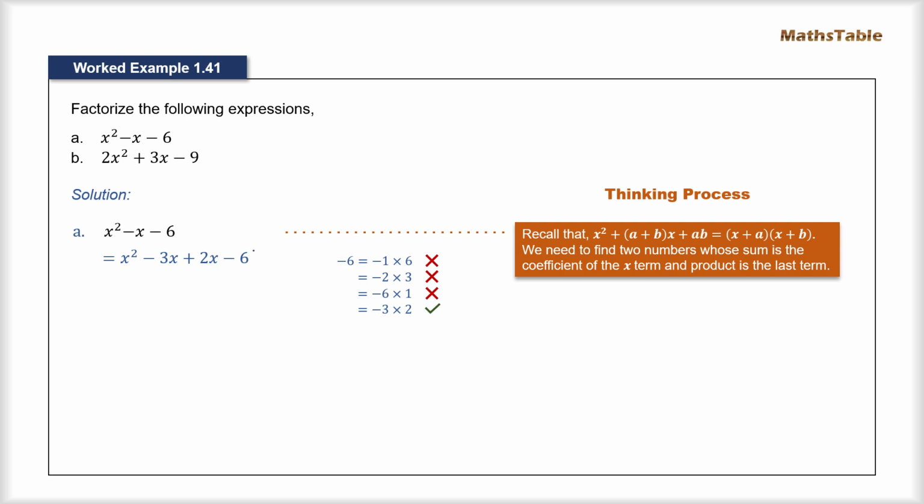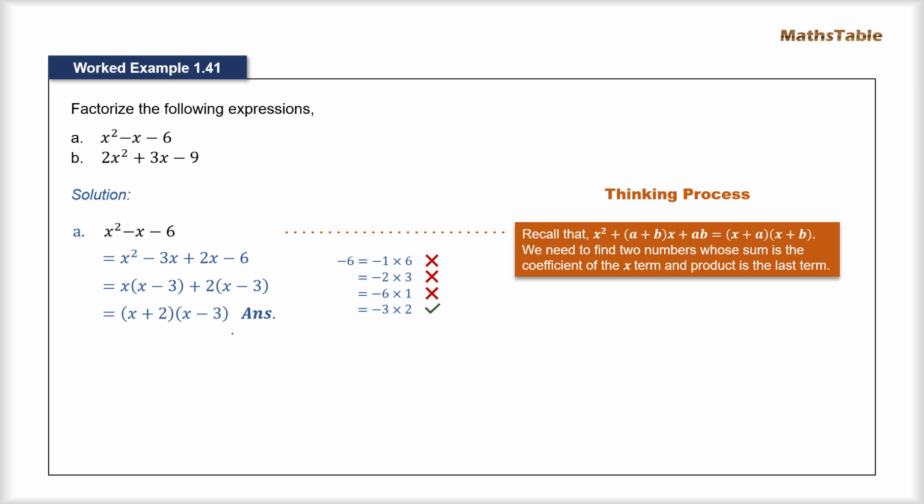After that, we'll apply the same grouping method of factorization which we discussed in the previous video 1.3, in which we formed groups of the first and second terms and the third and last terms. Then we selected the highest common factor of each of these two groups separately. And we also discussed that when we obtain this form, it can be written in a much simplified way as x plus 2 and x minus 3.